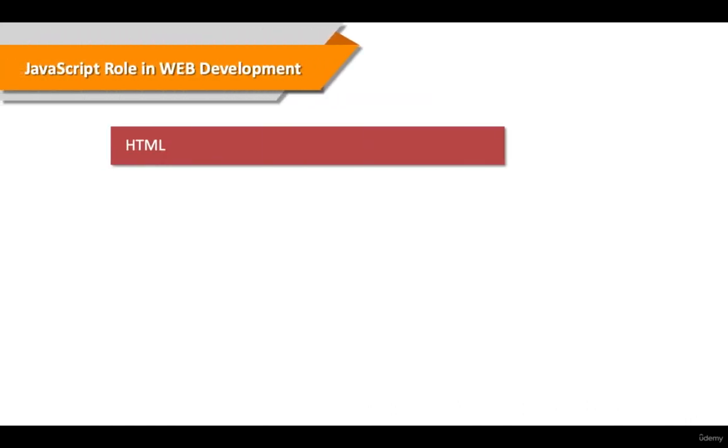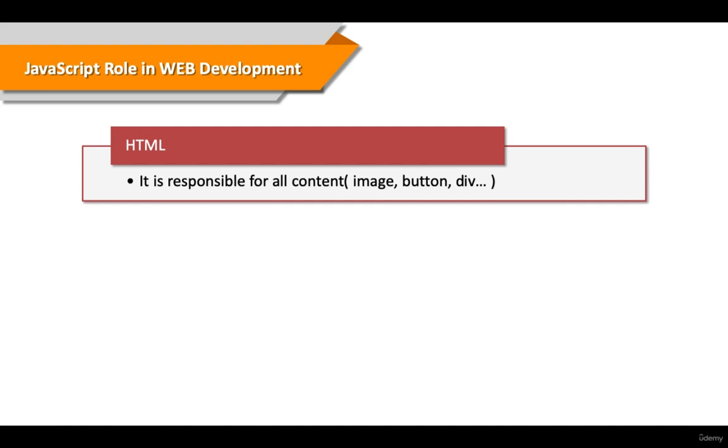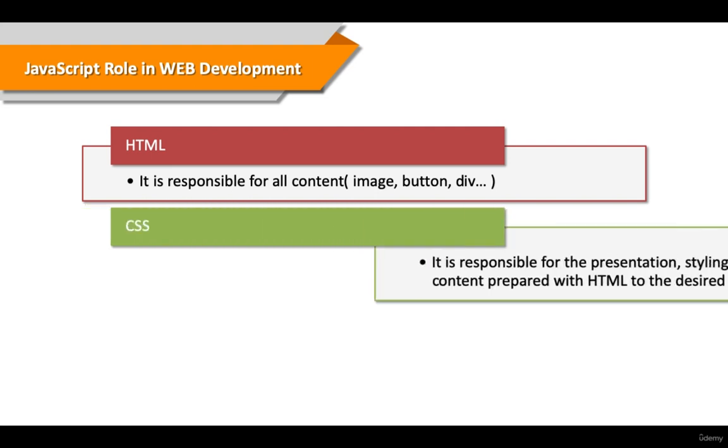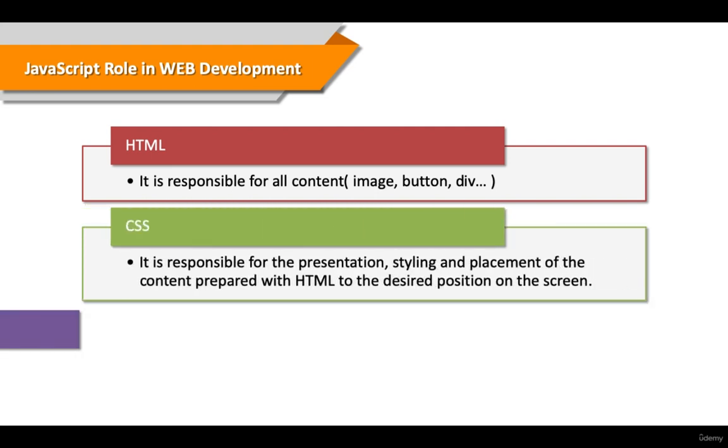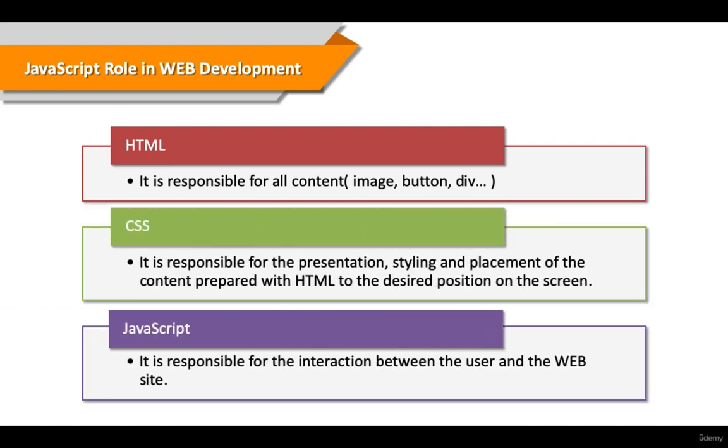We talked about how JavaScript works with HTML and CSS. Because you got to remember that in web development, HTML is responsible for content while CSS is responsible for styling. But it's JavaScript that's responsible for user actions and interactability.